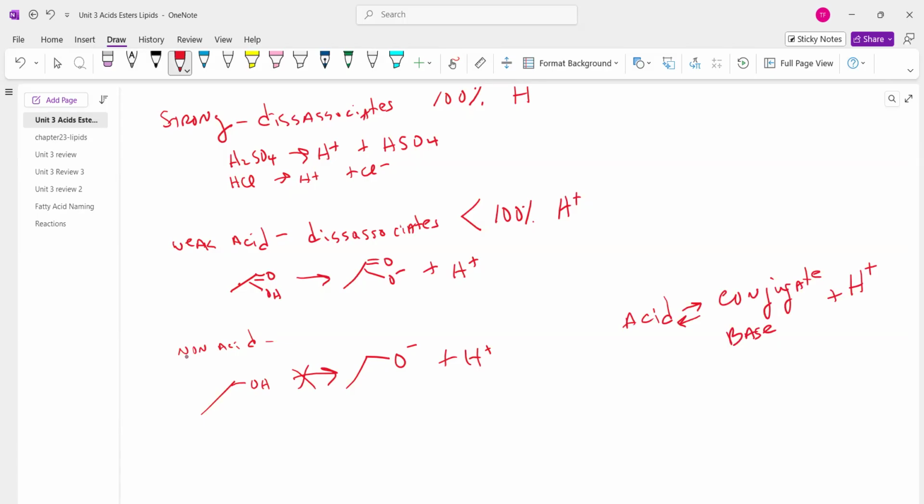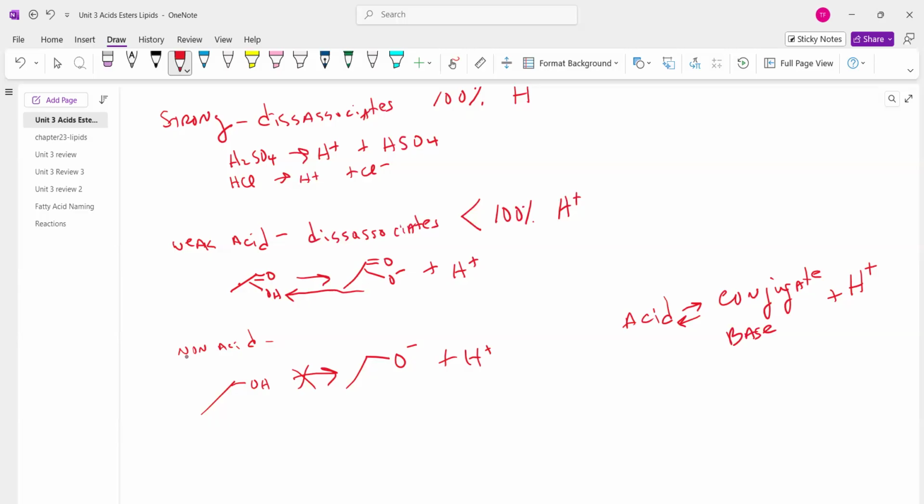Let me emphasize, with weak acids there is more of the original acid than the conjugate base. With a strong acid, it's 100%. Just because it has an H doesn't mean it's an acid.